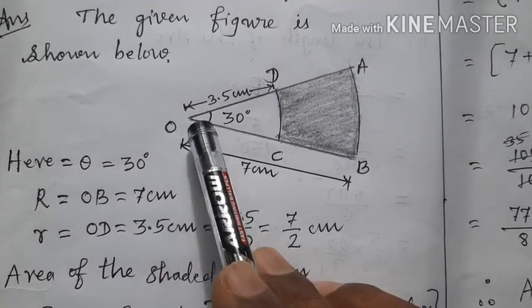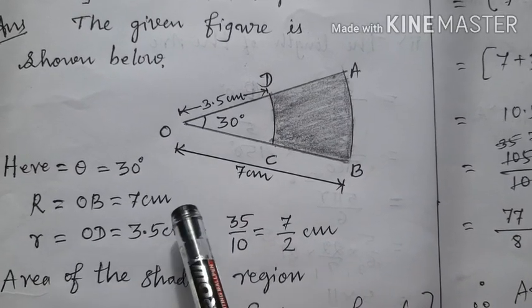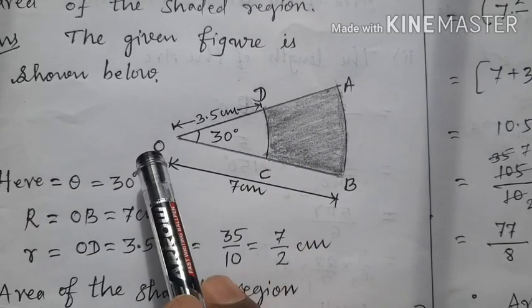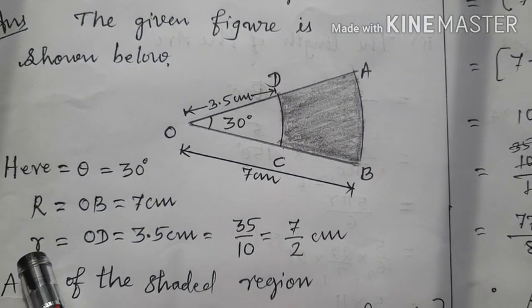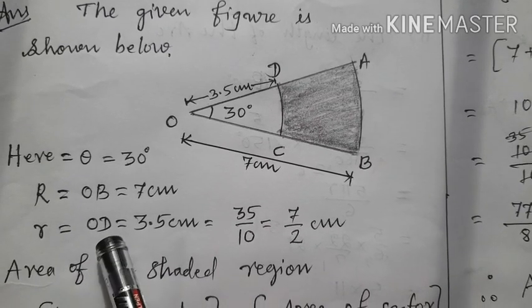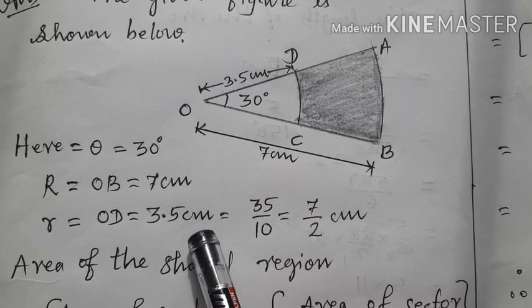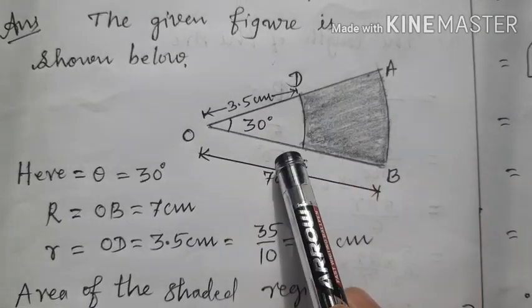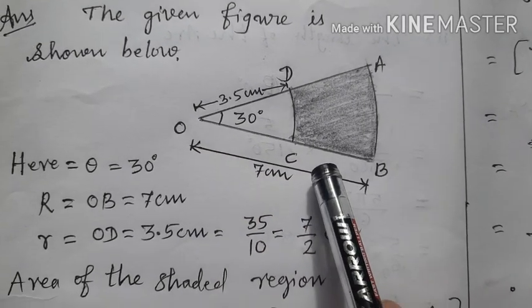Means the radius of the bigger sector, I take it as R is equal to 7 centimeter, and I take OD or OC is equal to small r. Small r is equal to OD, and that is equal to 3.5 centimeter. So this OD is the radius of the smaller sector and OB is the radius of the larger sector.